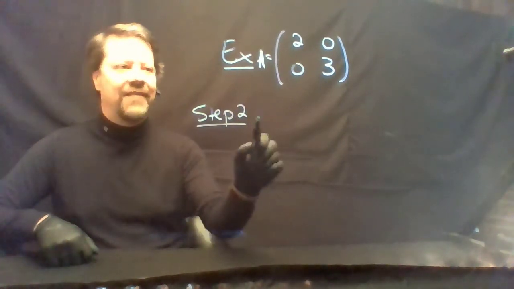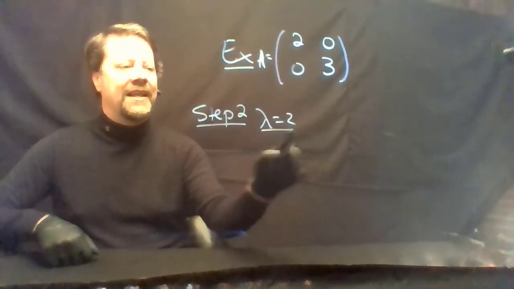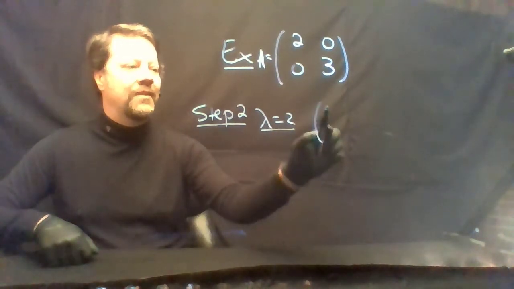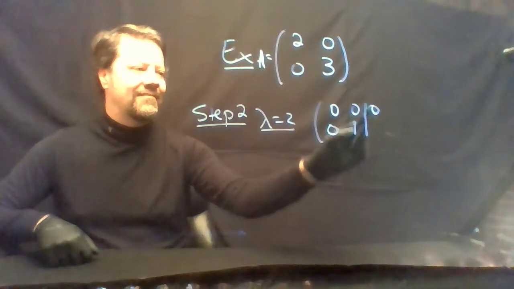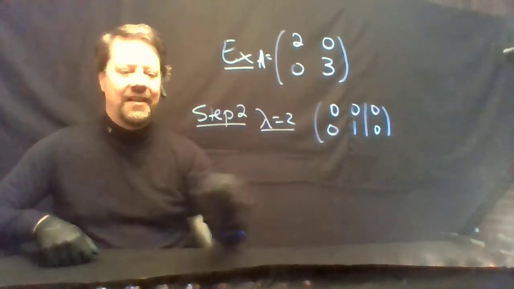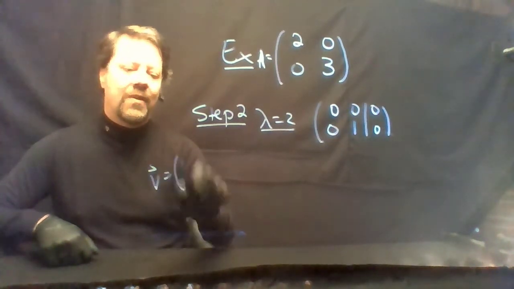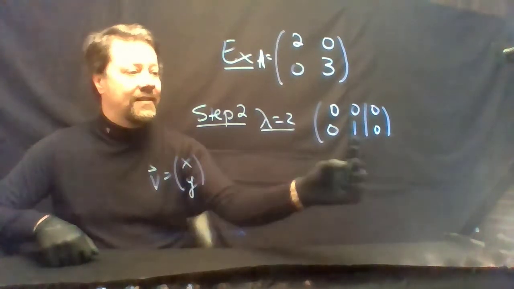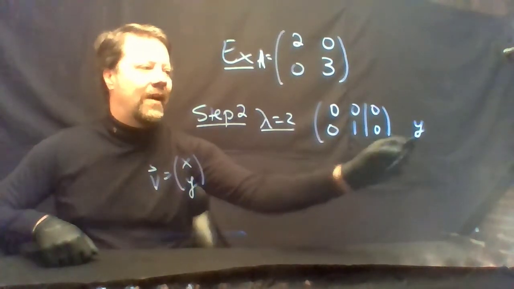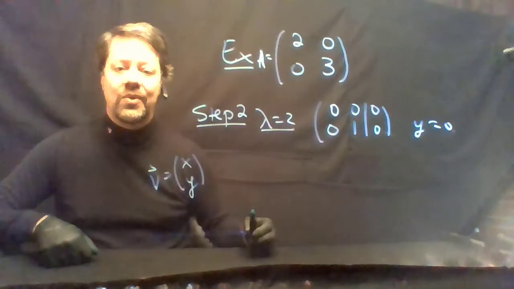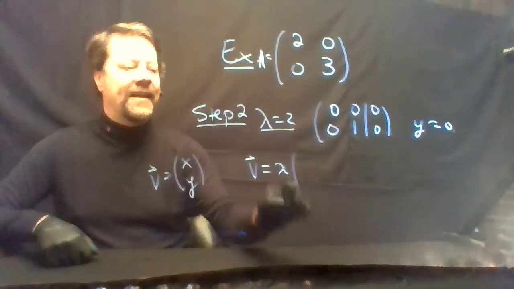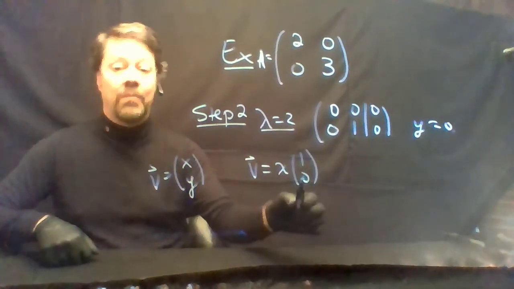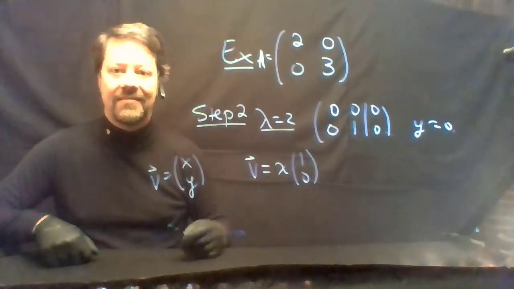let's find those eigenvectors. For lambda equals 2, we subtract 2 from the diagonal elements. If our eigenvectors are of the form (x, y), then this tells us y is 0, but it leaves no constraint on x at all. That means the eigenvectors are of the form x times (1, 0), where y is 0, x is anything.